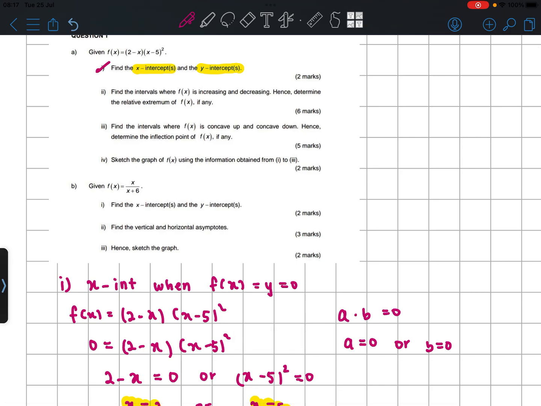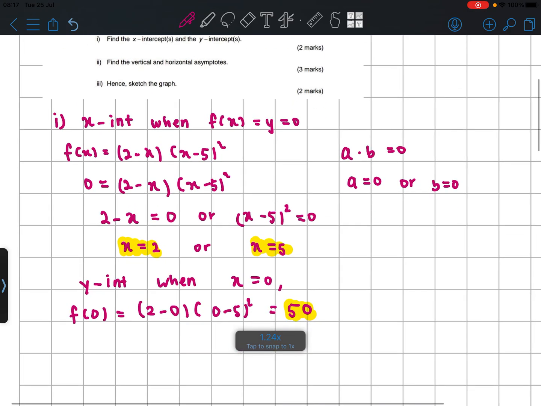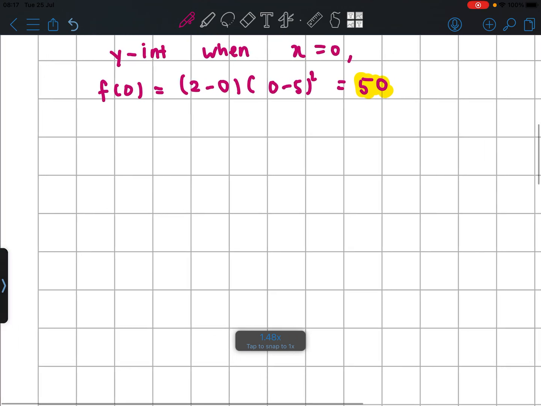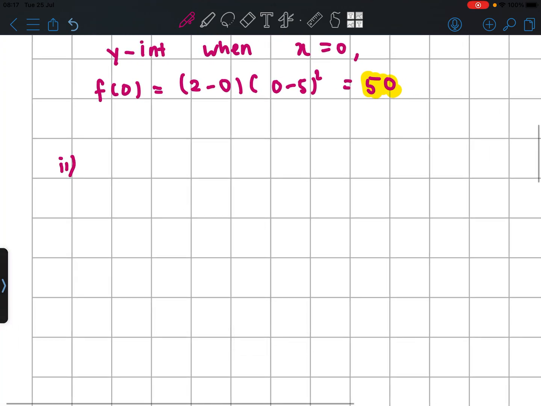Okay, so question 2, find the interval where f(x) is increasing or decreasing. So for this case, we need to find the first derivative. So you need to use this product rule.